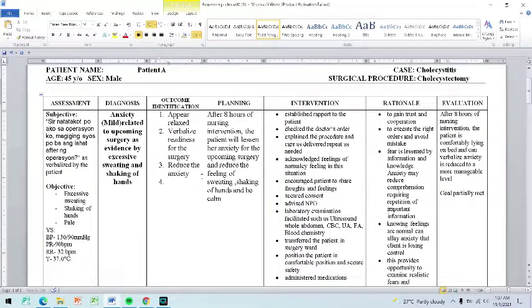So for additional, let's check the work of the student if that will fit the description of Nanda based on outcome identification. So here, describe own anxiety and coping pattern. The outcome should be the patient should appear relaxed. Does this fit the description of Nanda? Describe own.